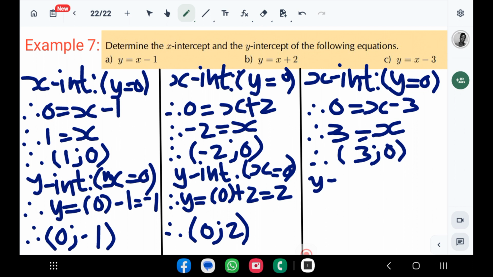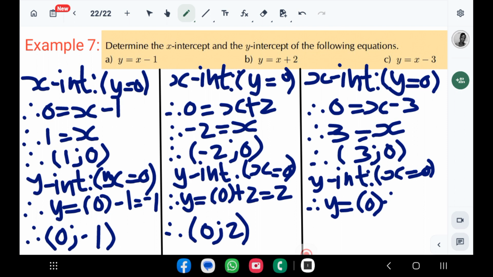The y-intercept, make x 0. Therefore, y equals 0 minus 3, which equals negative 3. Therefore, the point there is (0, negative 3).